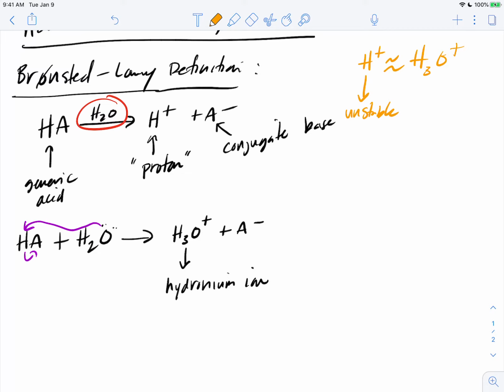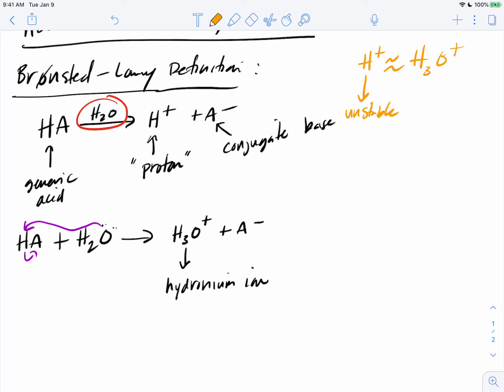I always like to say H plus is kind of like the Easter Bunny or Santa Claus. It's something your parents told you was real, and sometime down the road you realize it doesn't exist, it's actually your parents. H3O plus is what's actually floating around in solution, so we tend to write that in our reactions.